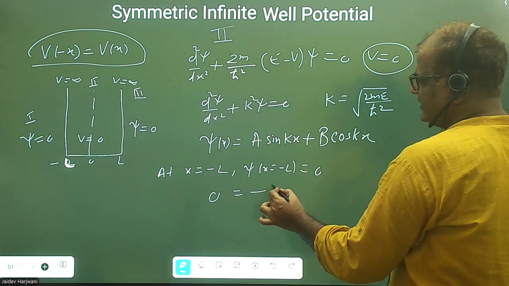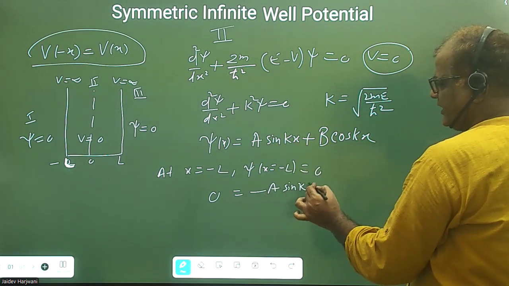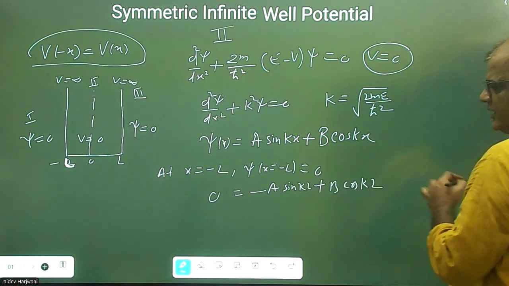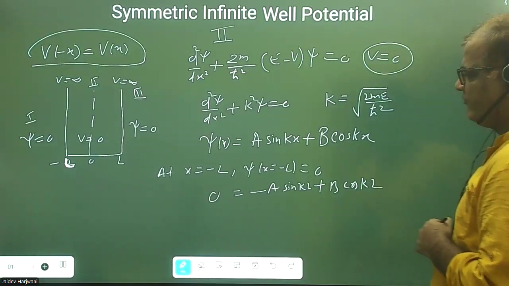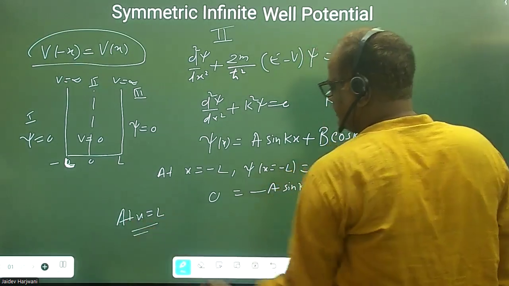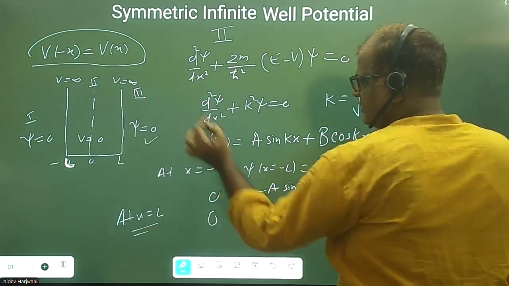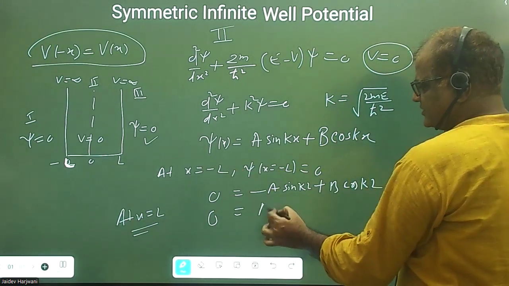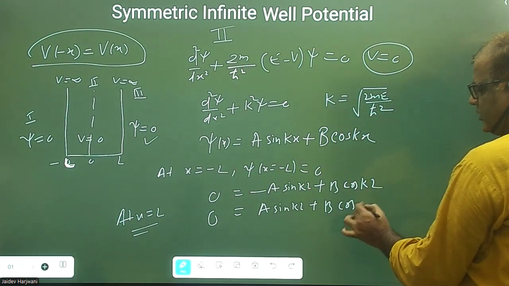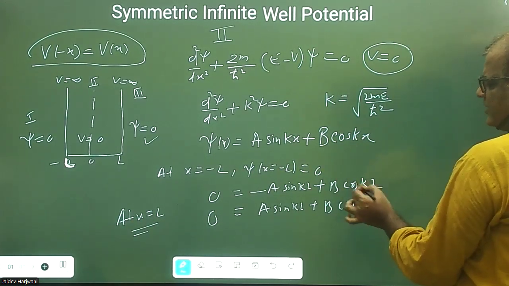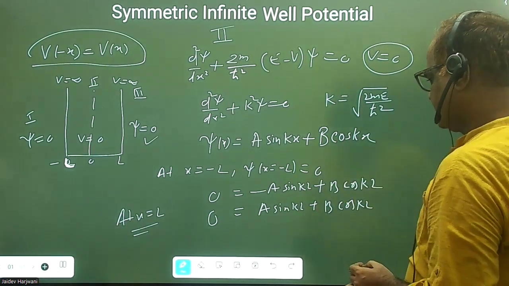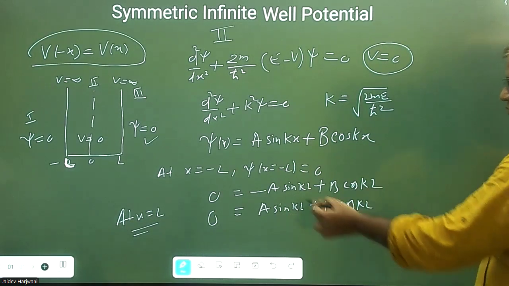So this becomes minus a sine KL plus b cos KL equals 0. Similarly, at x equal to L, there also psi is 0, and now this becomes a sine KL plus b cos KL. Here I put minus KL, cos of minus theta is cos theta, so no negative sign will come. So now these are two equations.